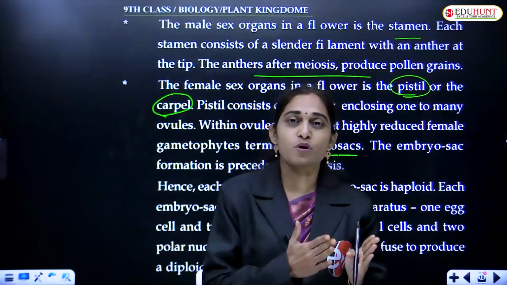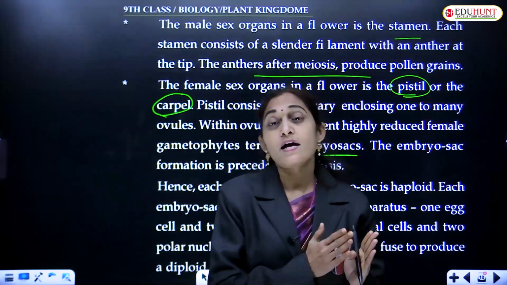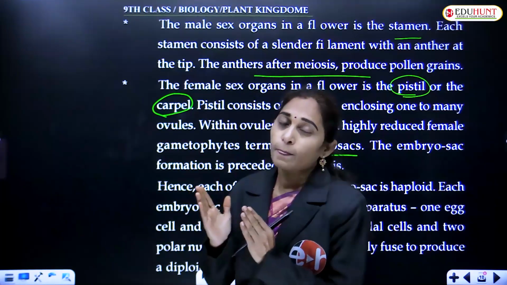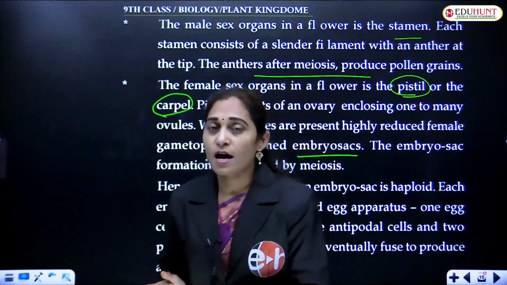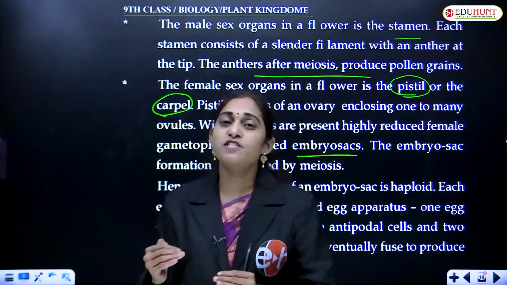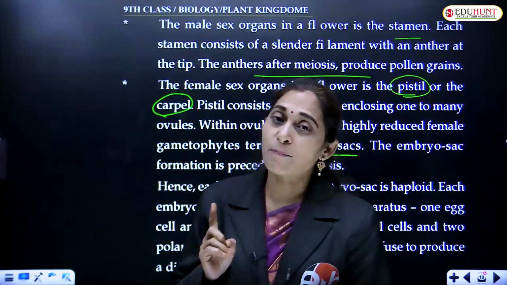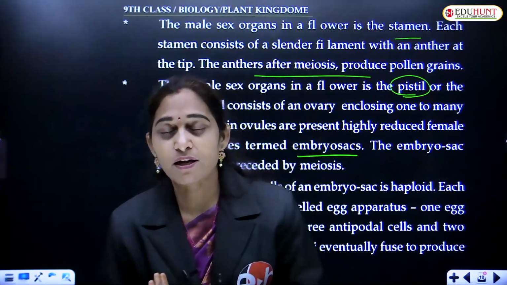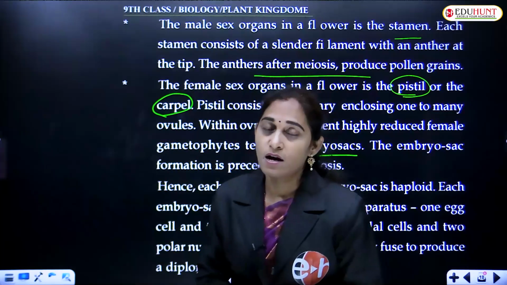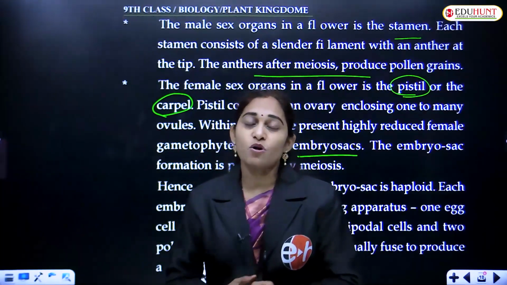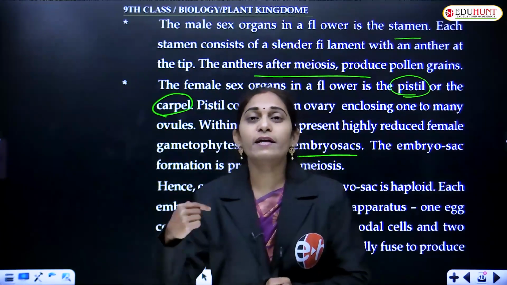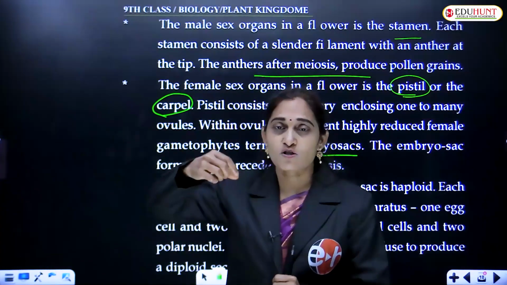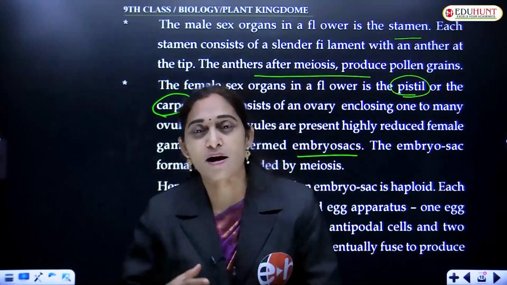Androecium means the male reproductive structures of the flower. These are essential for fertilization, and the female essential structures are the gynoecium. Gynoecium is also called pistil or carpel. So it is the female reproductive organ of the flower, and this gynoecium consists of 3 parts: ovary, style, stigma. Ovary is the basal part, style is the middle slender stalk-like part, and the tip is the stigma.